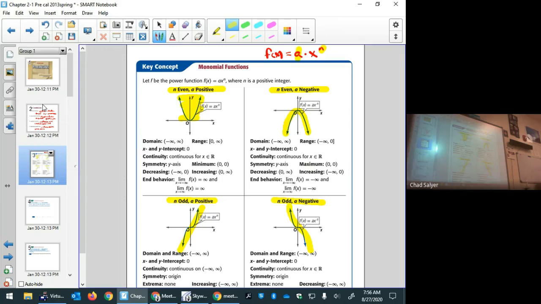Those are the four basic behaviors of monomial functions, at least where the characteristics you see are concerned. The zeros and all that can vary wildly. So no mention of zeros here, but the end behaviors, the symmetry, minimums, maximums, etc., are all predictable based on those characteristics.